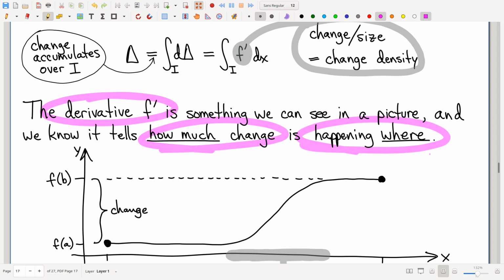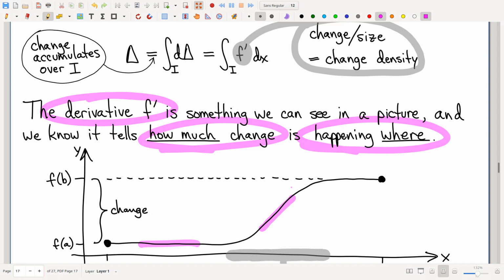Well, again, of course it does. The fact that the derivative is, let's say, call it 0 along in here, of course that means the function is not changing much here, if any. Whereas the fact that the derivative is larger here tells us that, yeah, along in here is where the function is changing by a significant amount.